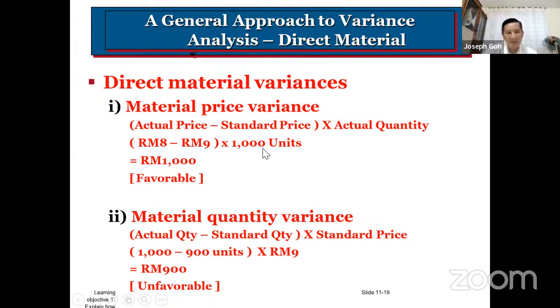So you spend less than the standard set. You buy at 8 ringgit, but the standard you set is 9 ringgit. So you buy cheaper. You have a saving of 1 ringgit times 1,000 units, so you save the company 1,000 ringgit. This is called a favorable variance, or in simpler terms a positive variance.